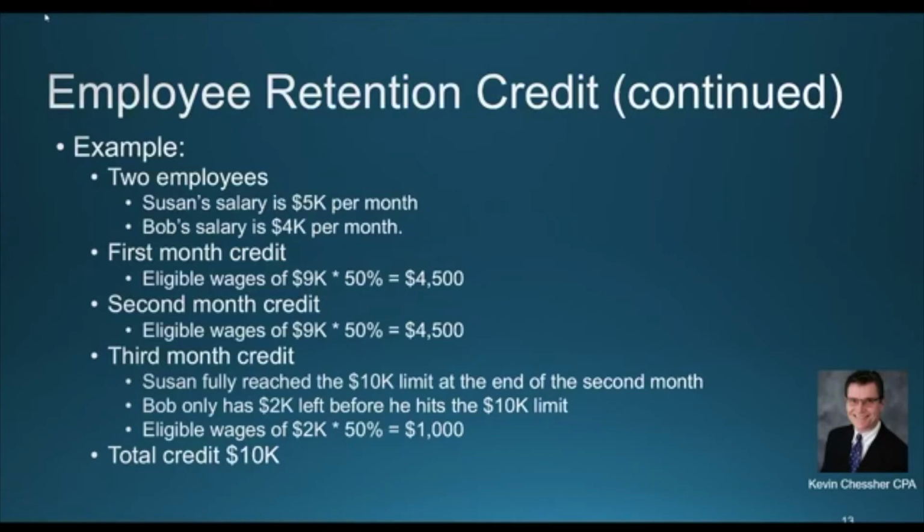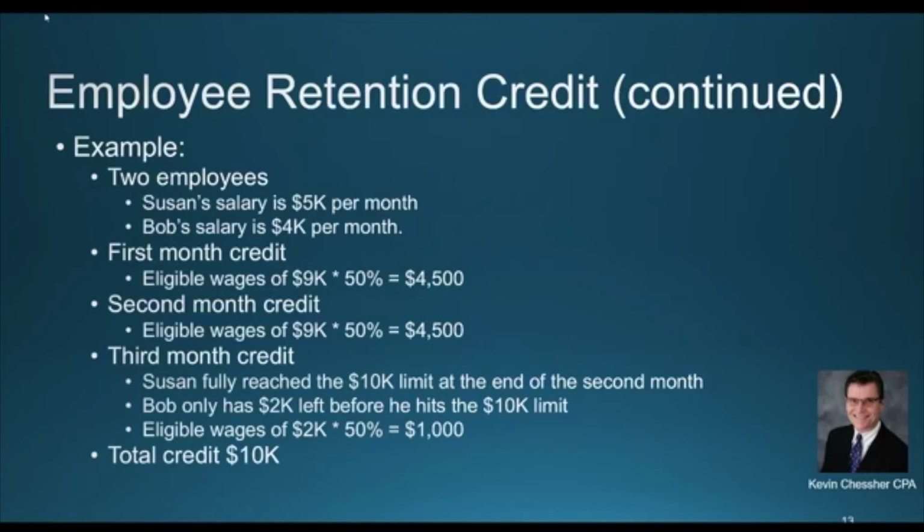That's the total amount of eligible wages. We multiply by 50%, which is the limit of the credit. We get $4,500. That's the amount of credit that the entity can take in month 1. In month 2, it's exactly the same as it was in month 1. We have $5,000 from Susan's salary, $4,000 from Bob's, total of $9,000 times 50% is $4,500.